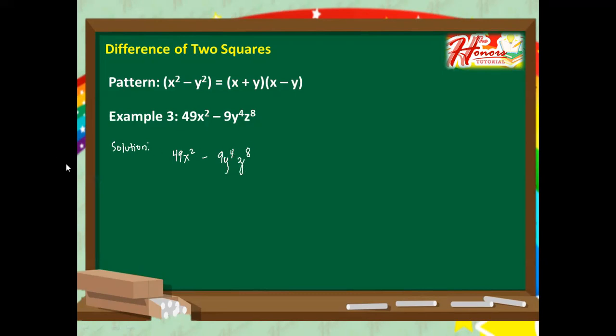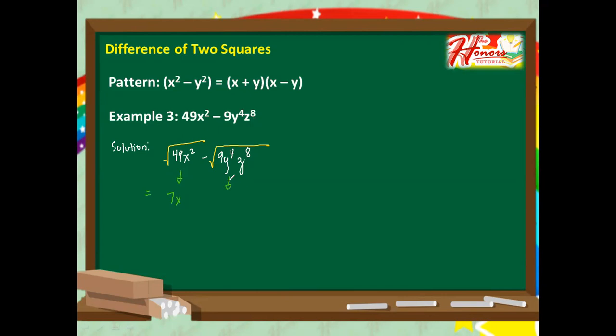And then after that, let's get the square root of 49 and square root of 9y raised to 4 z raised to 8. Square root of 49 first. So that is 7. Square root of x squared is x.